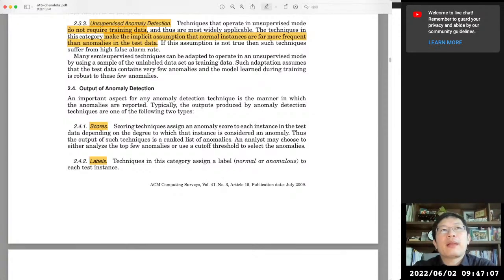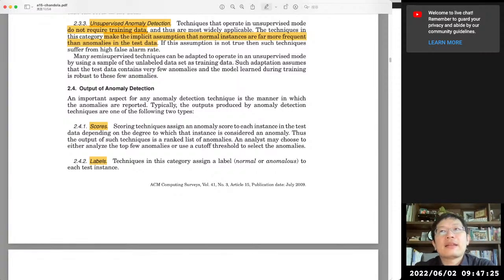So we can apply several different algorithms, such as clustering. Let's take clustering as an example. Since normal instances are more frequent than anomalies, we can do clustering.